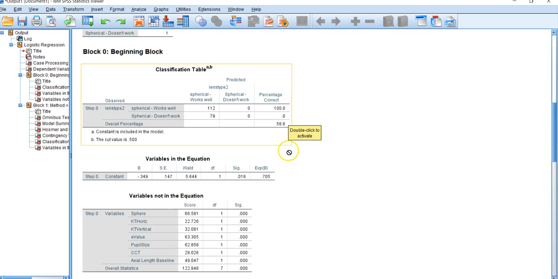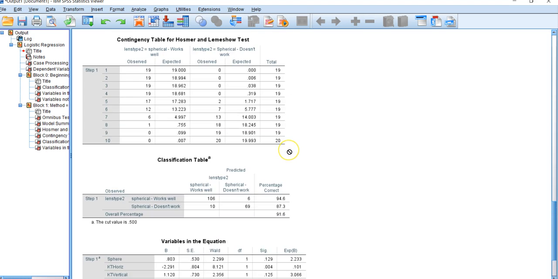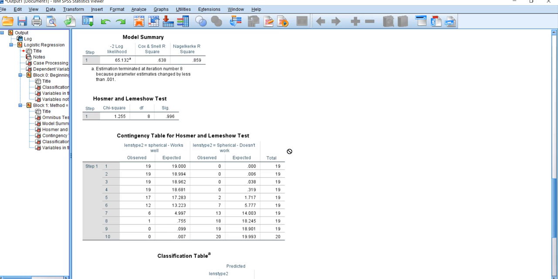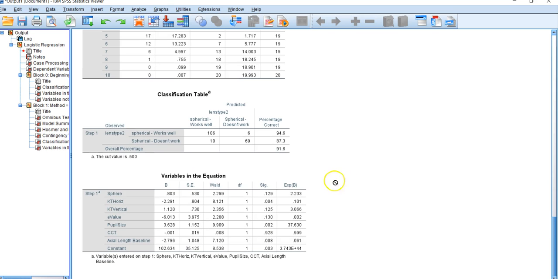So when we look at our coefficients down here, oh, it did it based on expected. Okay. When we look at our coefficients, these are variables that are in the equation. The higher the b, the more it did not fit. So the higher the spherical equivalence, well, and then let's look for significance here.